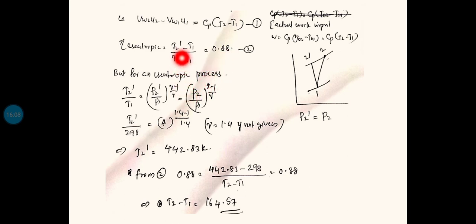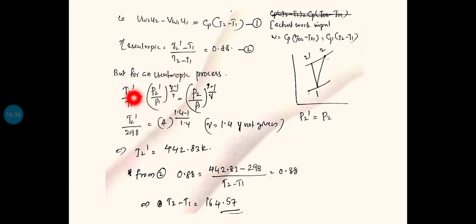Now if we know T2', T2 can be identified. For that I am using the isentropic relation connecting temperature and pressure for an isentropic process, that is T2' by T1 equal to (P2' by P1) all raised to (gamma minus 1) by gamma. This equation is applicable between any two states if the process is isentropic.